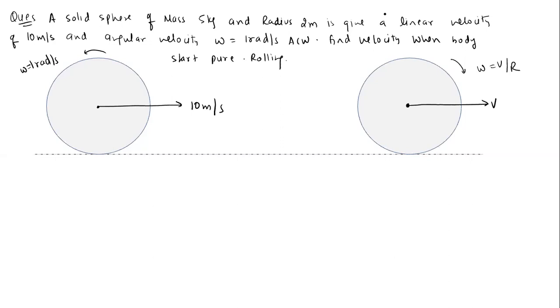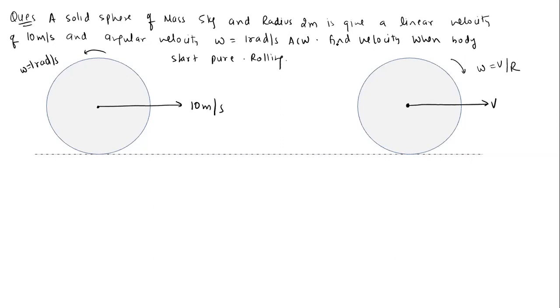Okay, it should be less than the velocity which we have given. It should not be more than that. Find the velocity on start of pure rolling. What is mu? Mu is not required here. Without mu also you can solve the problem.